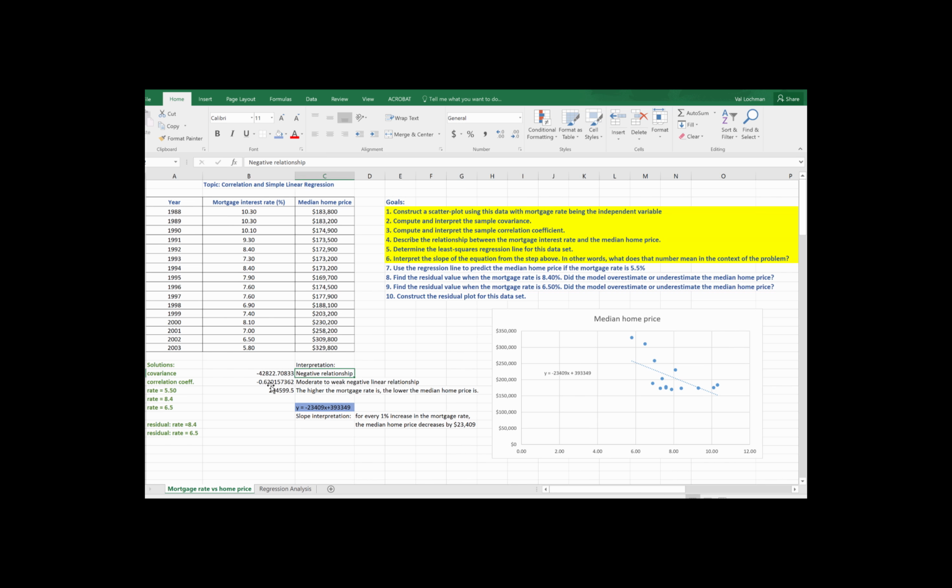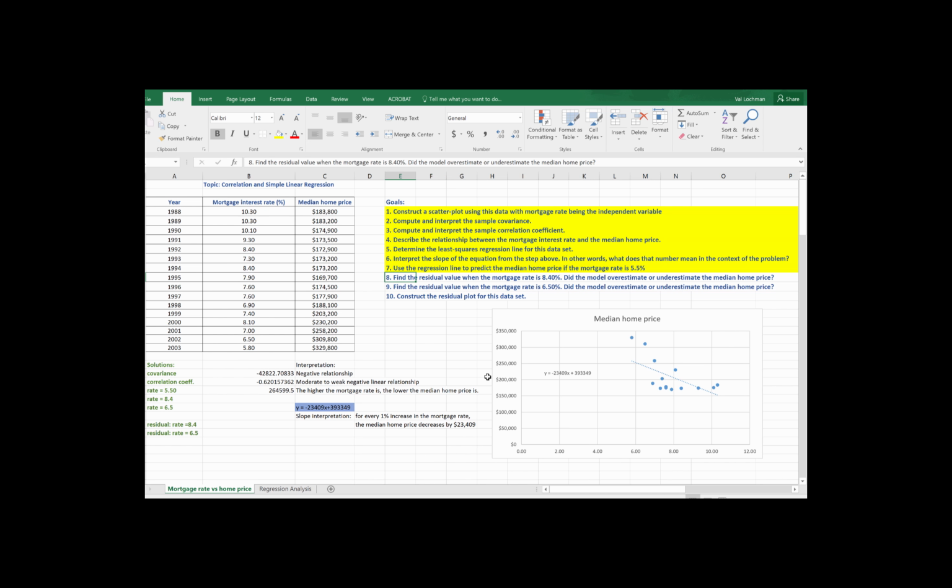So here's my equation, and this is what I get. So if my rate is 5.5, then this is the value of the median price, right? So that's what we get over here. So that's all you have to do here. Just plug in the value of the independent variable that you're asked into the equation.